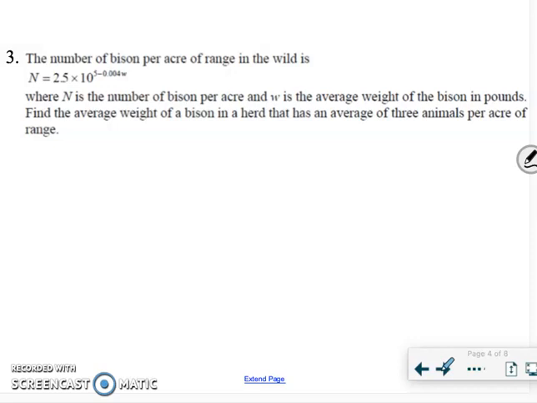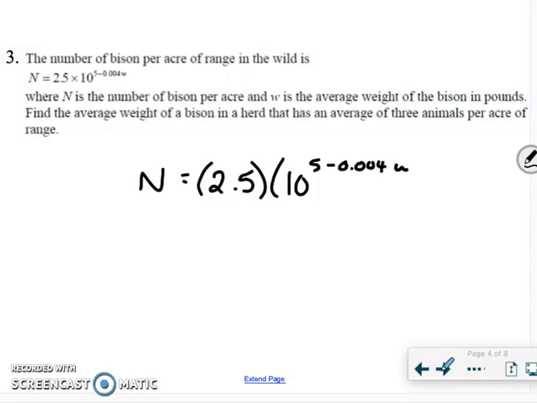Okay, so trying to sift through and understand this problem, like I said, that's more than likely going to be our challenge. They give the model, again, just to rewrite it down here, N is equal to 2.5, I'll use parentheses, I prefer those, times 10 raised to the 5 minus 0.004 W. So within the model, they gave a lot of useful information there.